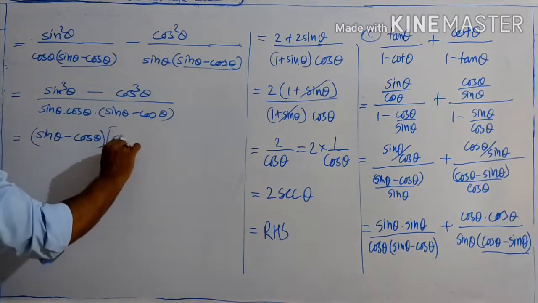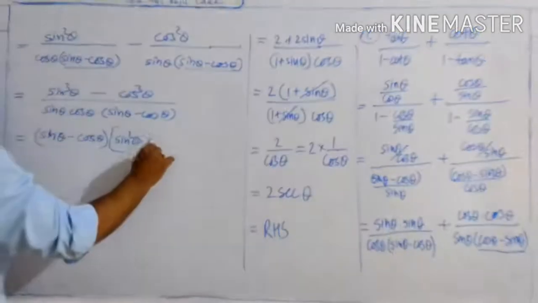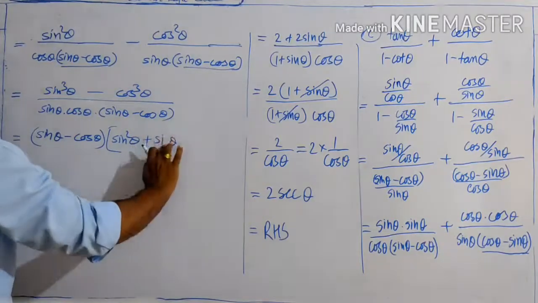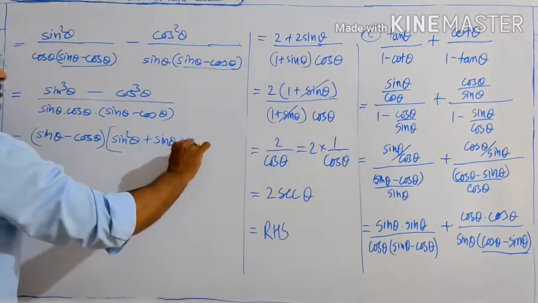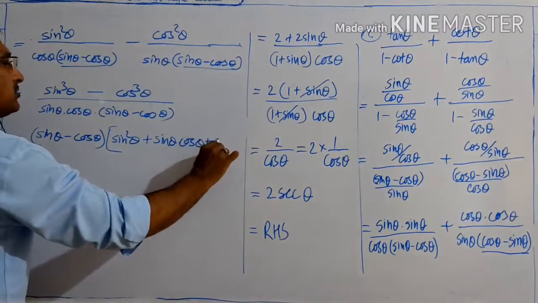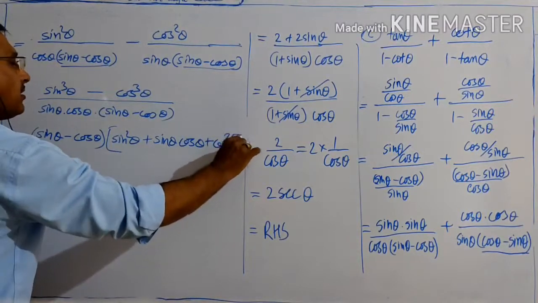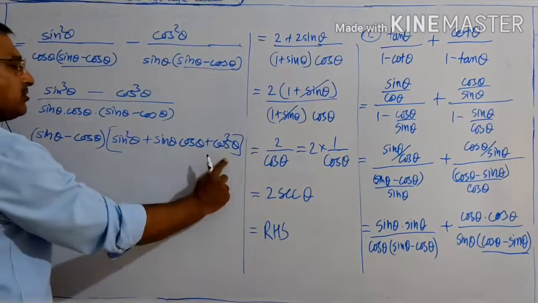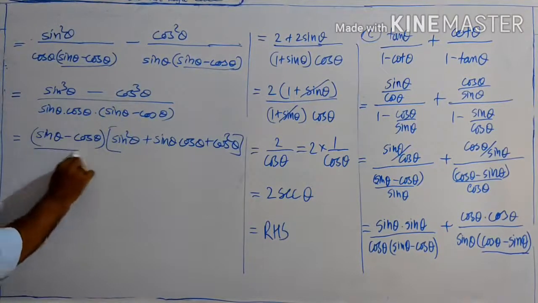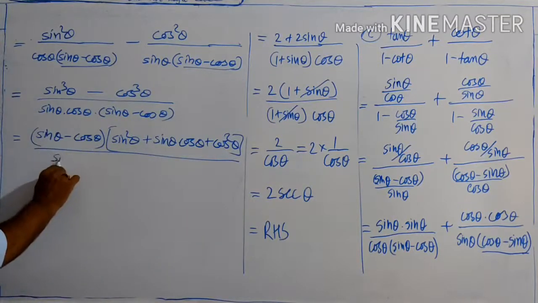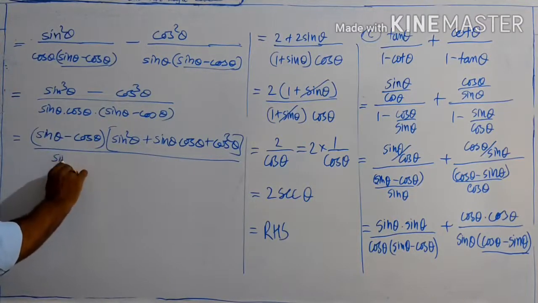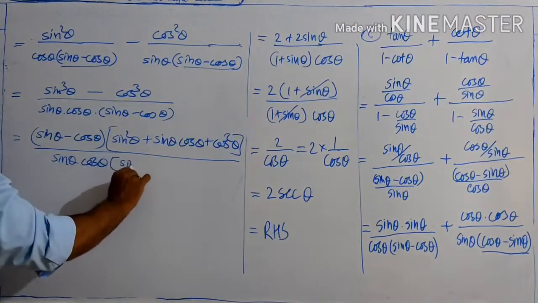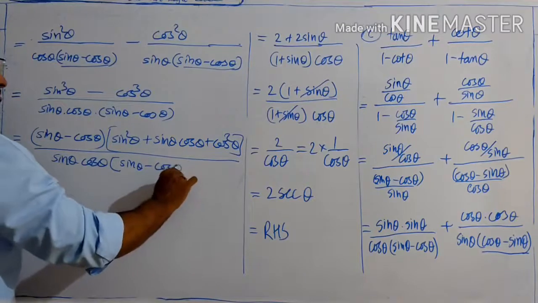sin square theta plus sin theta into cos theta plus cos square theta. So that is a minus b, a square plus ab plus b square, that is a cube minus b cube, divided by sin theta into cos theta in bracket sin theta minus cos theta.